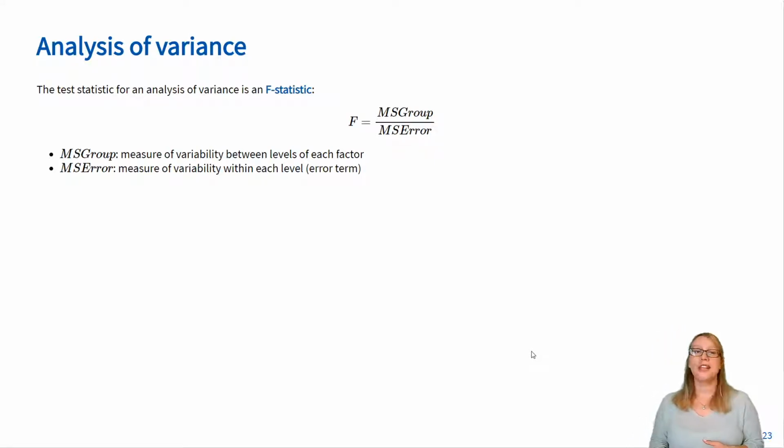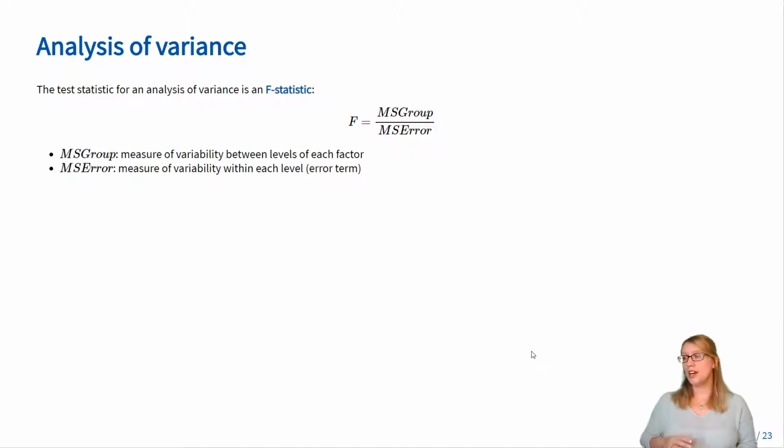Now let's take a look at the test statistic. The test statistic for analysis of variance is what's called an F statistic. This F statistic is actually a ratio. The details for calculating this can be found in your textbook. We won't go into those in this video, but here's the basic idea. We come up with two measures of variability, what we're referring to as mean squares, so average squared deviations.